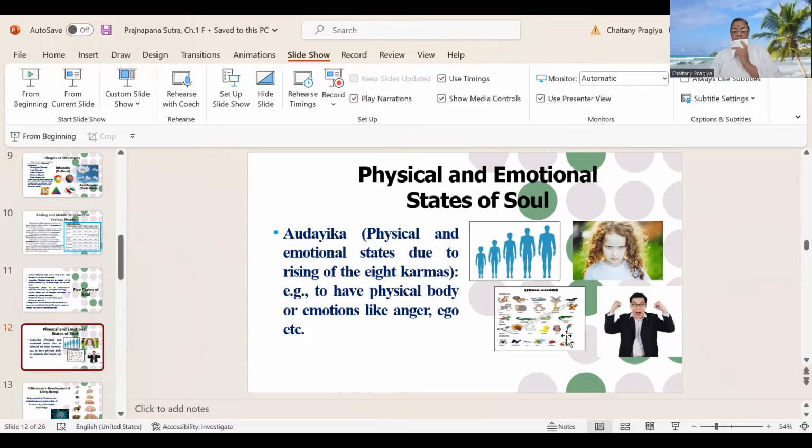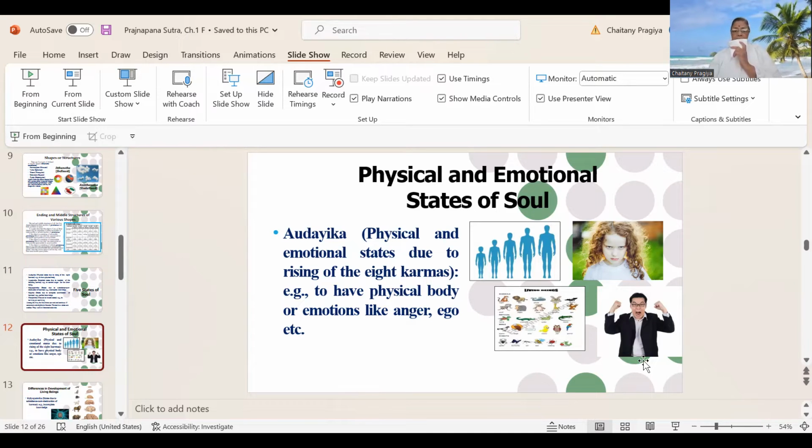So the physical structures they have got are due to the rising of their karmas, whether humans have a particular human structure or body. Similarly, if we are facing emotional turmoils or mental states with many ups and downs or unrest, all of these are because of some karmas.